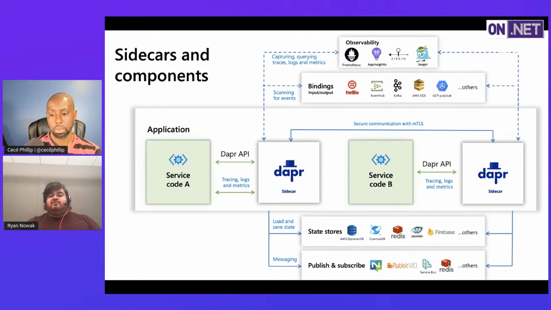And the same principle applies, right? When you want to interact with a state store, when you want to interact with PubSub, when you want to interact with a secret store, the same approach applies. So it all goes to the sidecar. So you can authenticate your request to and from the sidecar. The sidecar is the thing that's going to hold the credentials and know how to talk to the state store, the PubSub, and the secret store, and do it on your behalf.